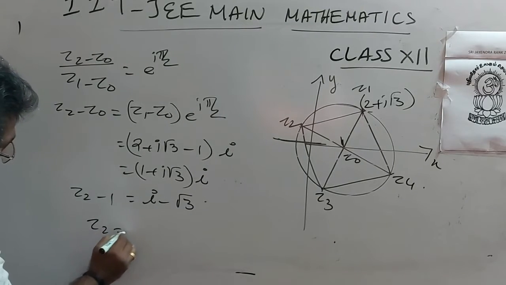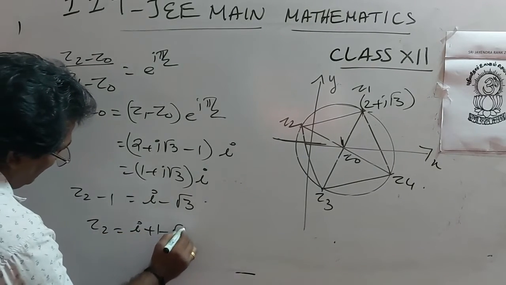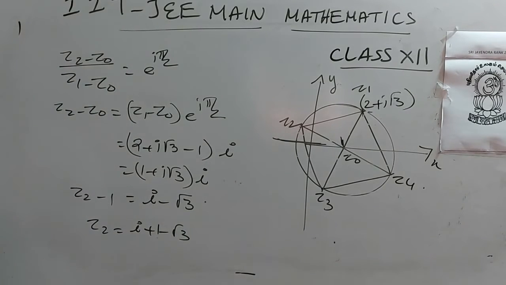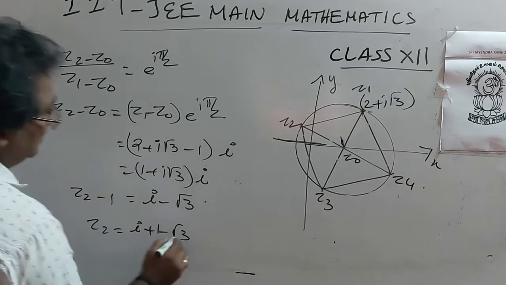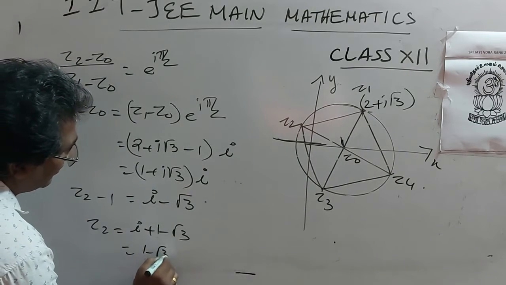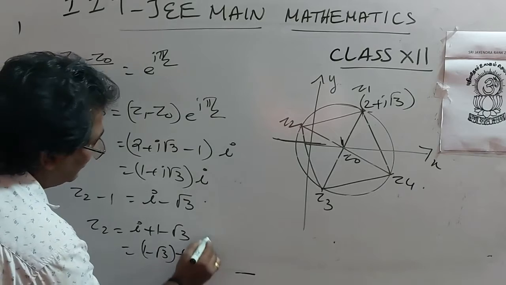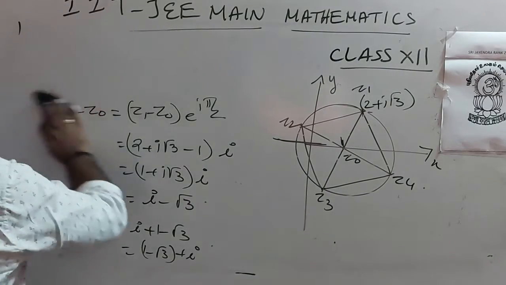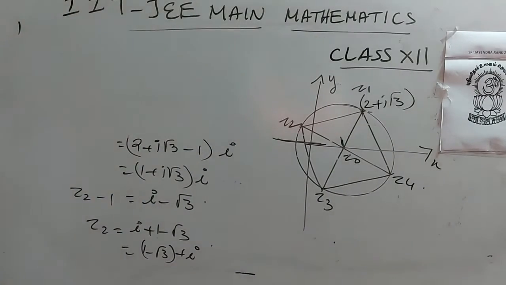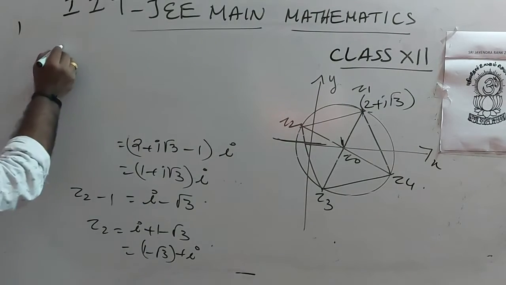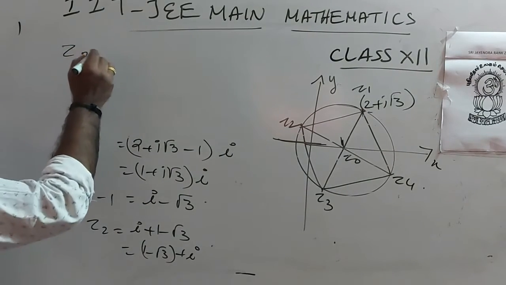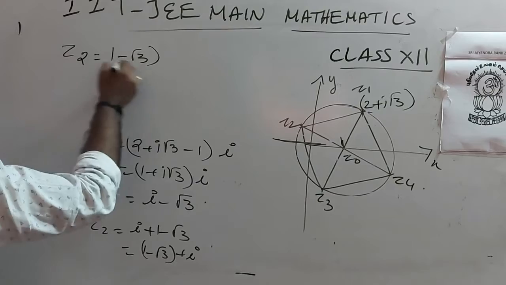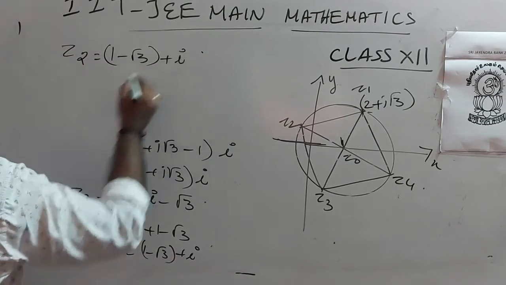So Z2 equal to i plus 1 minus root 3. That is 1 minus root 3 plus i, that is the point Z2. So Z2 equal to 1 minus root 3 plus i.